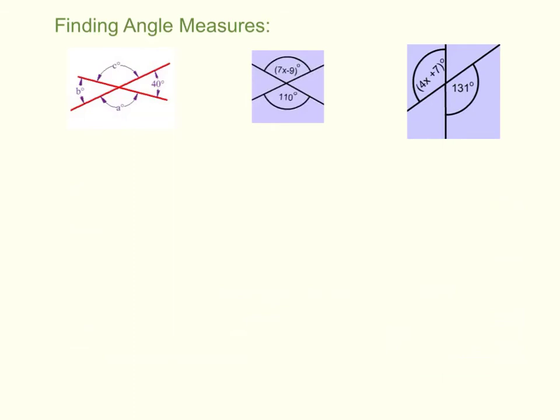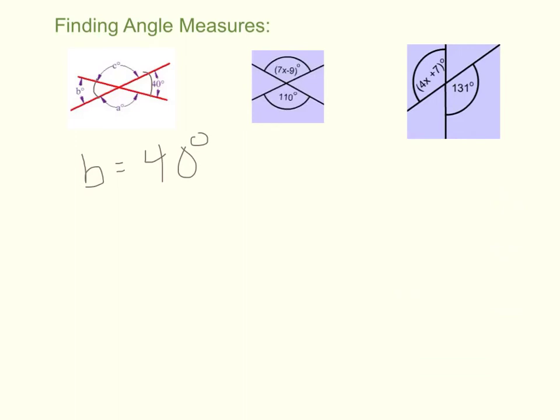Looking here at our first example, we see that angle B is vertical of an angle that is 40 degrees, which means that B is also 40 degrees. Looking at angle C, C forms a straight angle with an angle that is 40 degrees, which means that they are supplementary.